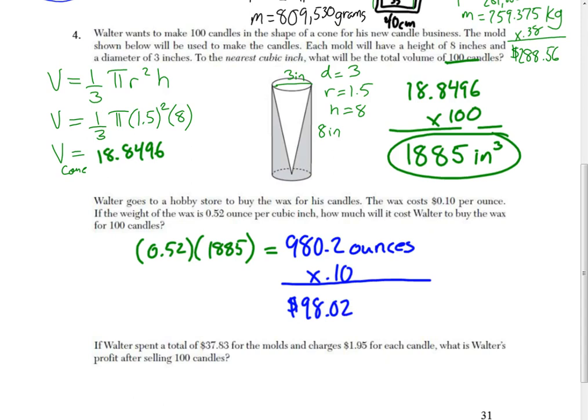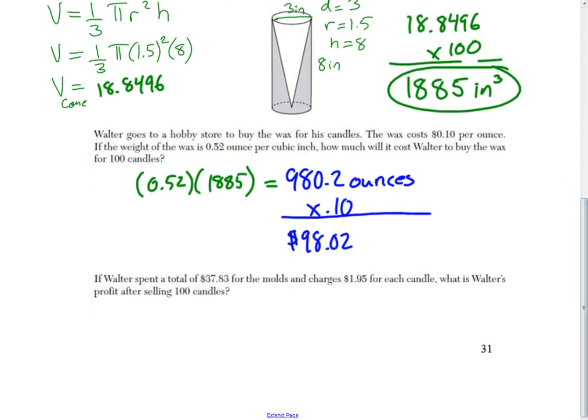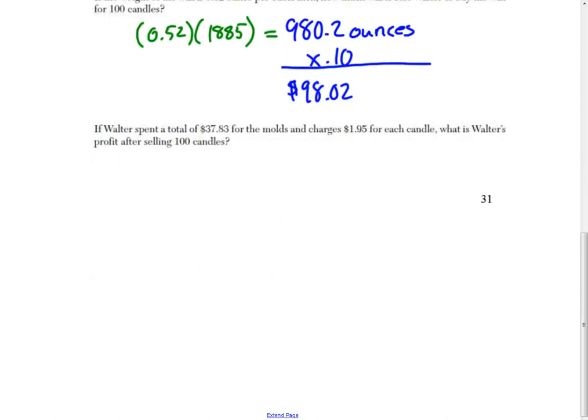If Walter spends a total of $37.83 for the molds and charges $1.95 for each candle, what is Walter's profit? Okay, so profit equals, there's a little profit formula. Profit equals revenue minus expenses.